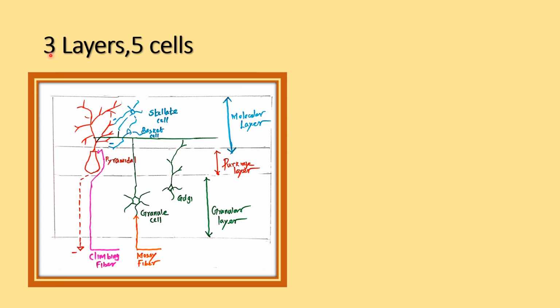The cerebellum has three layers. Outer molecular layer: this blue color area is the outer molecular layer. It contains the stellate cell and basket cell. And the middle layer is the Purkinje layer.